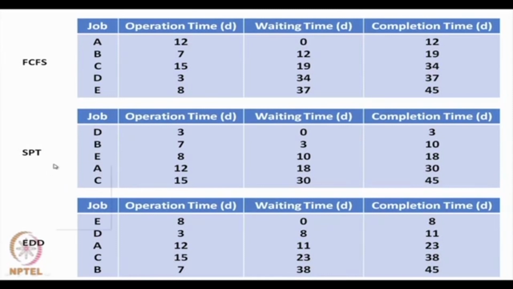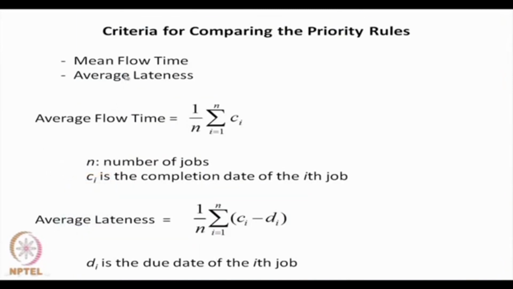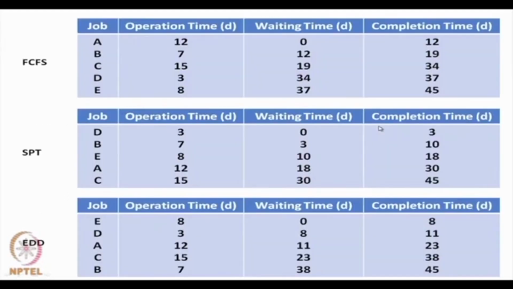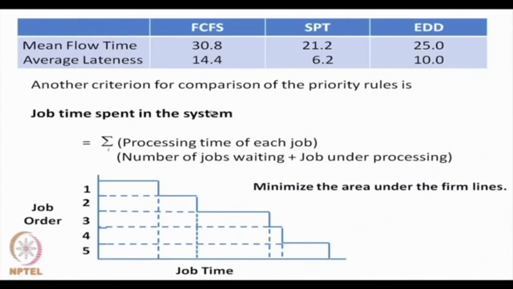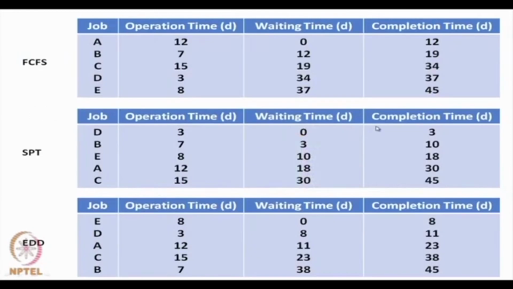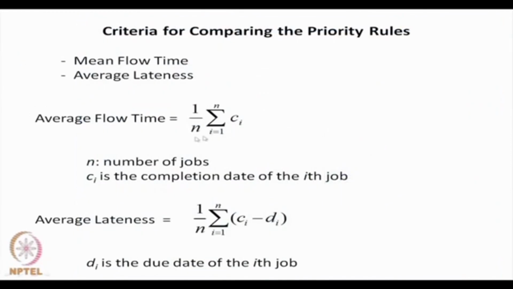Now, recall these two criteria, the average flow time and the average lateness. I have calculated the mean flow time. Mean flow time is the completion time average.